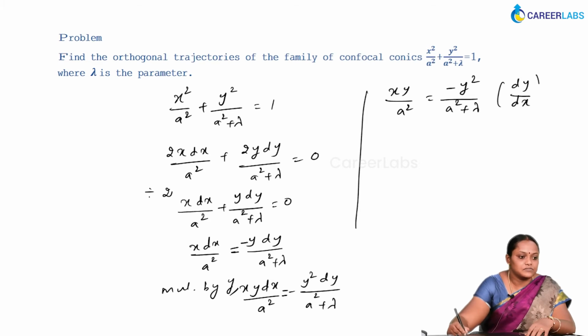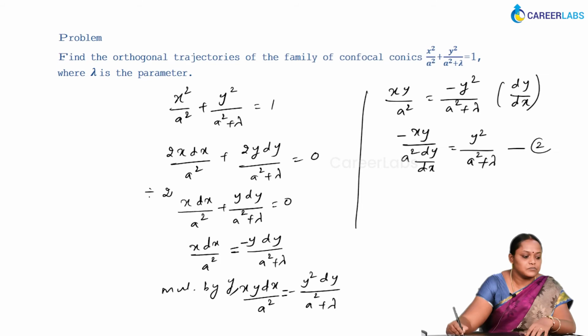I can write it in this way. So this is minus xy divided by a square into dy by dx is equivalent to y square by a square plus lambda. So let us call this equation number 2, let this one be equation number 1.